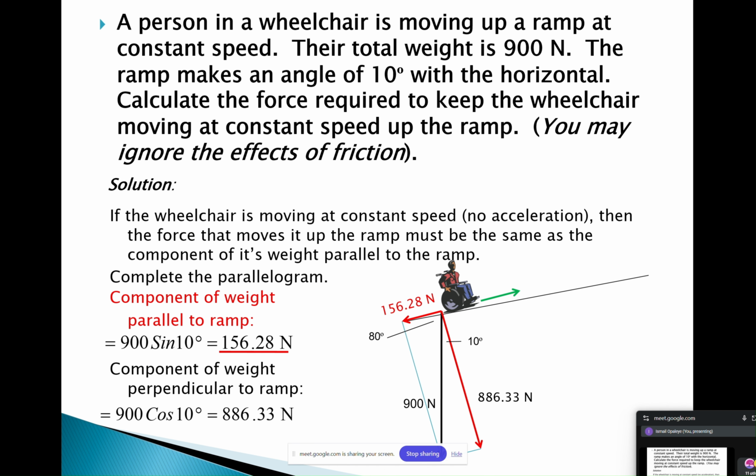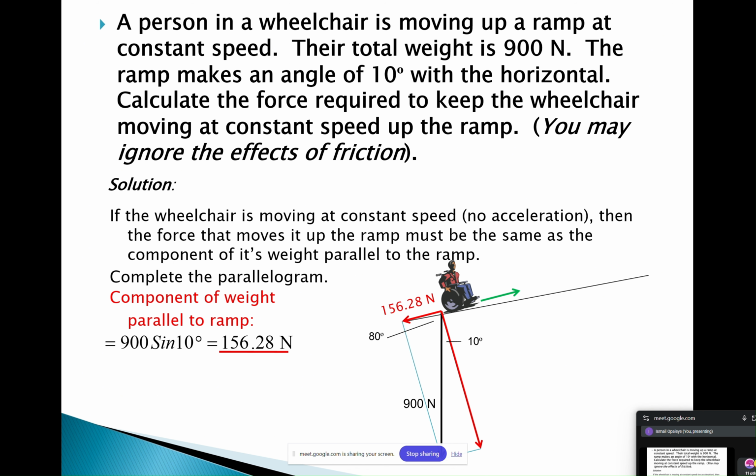Okay, up the ramp. So if the wheelchair is moving at constant speed, no acceleration, then the force that moves it up the ramp must be the same as the component of its weight parallel to the ramp.